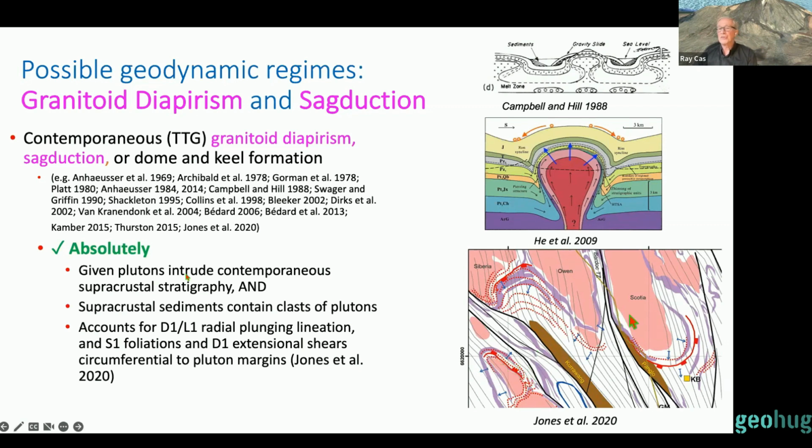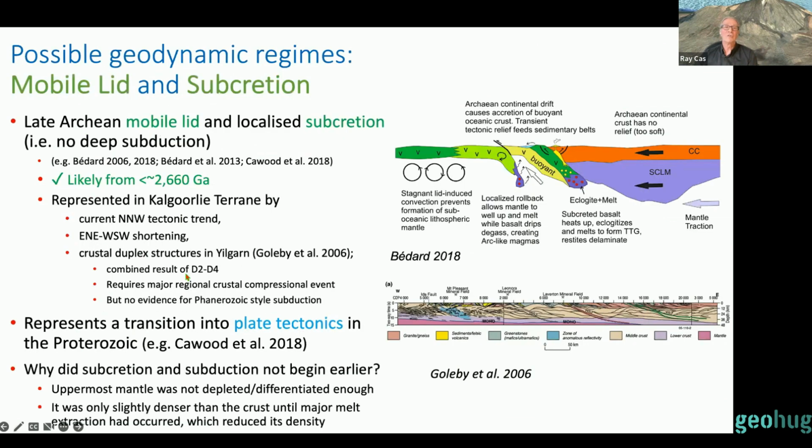So basically what we're seeing in terms of tectonics here is dome up, greenstones down tectonism, which is actually preserved in structural fabrics around these plutons. So this is not geofantasy. There is actually very good geological evidence.